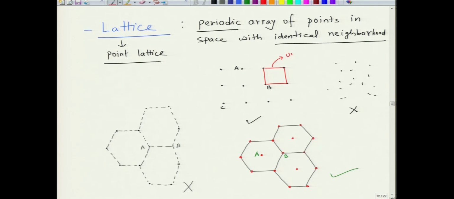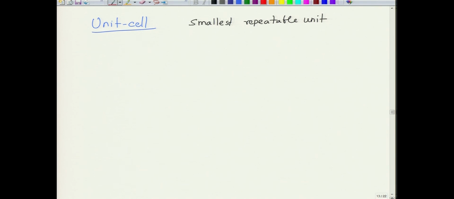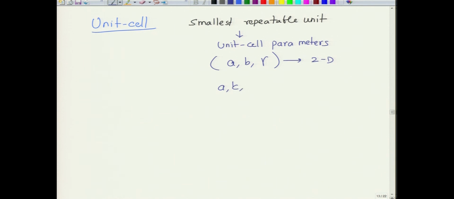So, this is a unit cell, and a unit cell has certain parameters which are called length, breadth and angles. We define them as a, b, gamma in case of 2D, and in case of 3D we define them as a, b, c and alpha, beta and gamma.